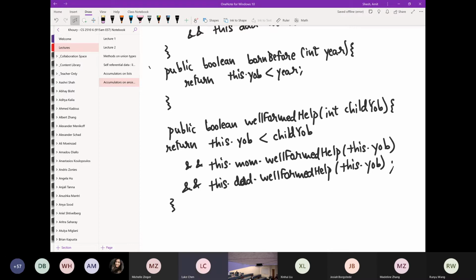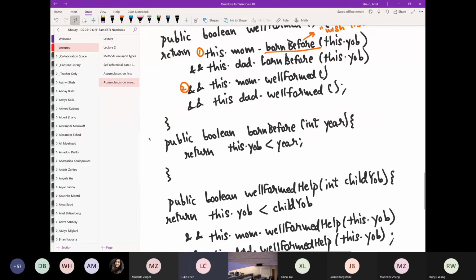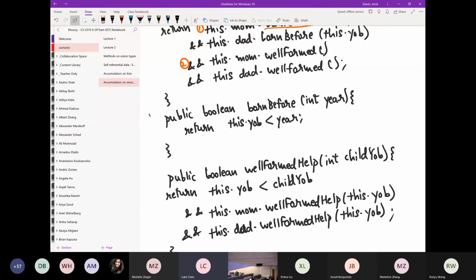So I was thinking that this.mom.bornBefore and this.mom.wellFormed are two different methods that do one thing very well. And I think in Fundies 1, we were taught that you're supposed to separate them instead of merge them together into a bigger method. Correct. So I see your point.